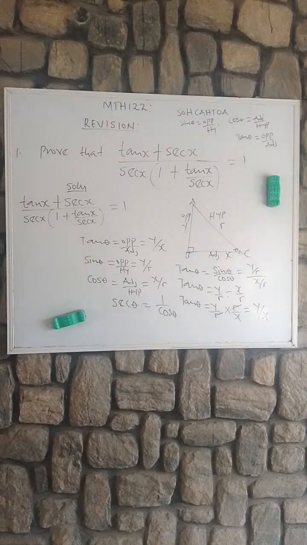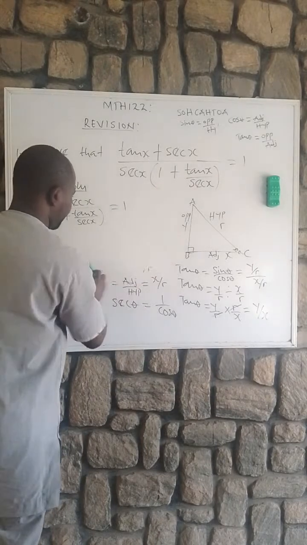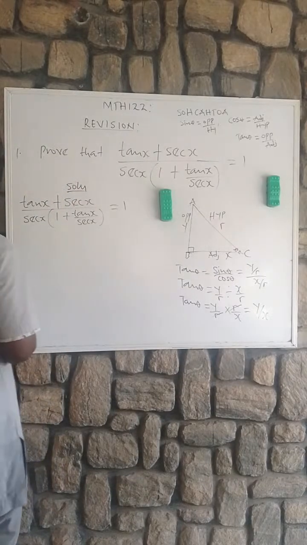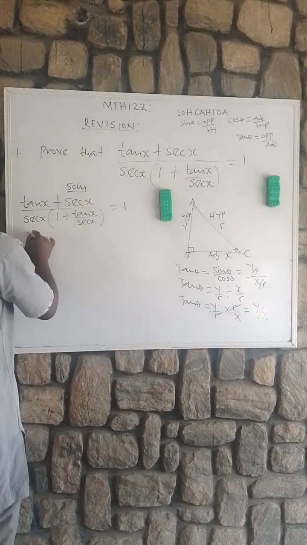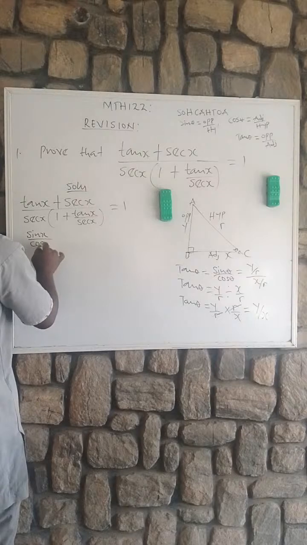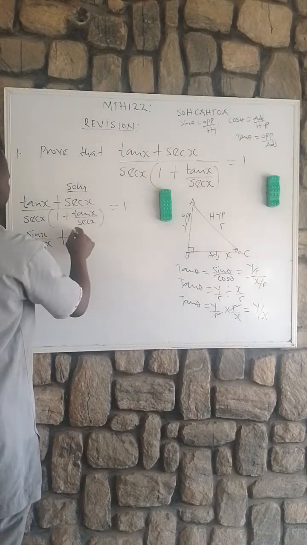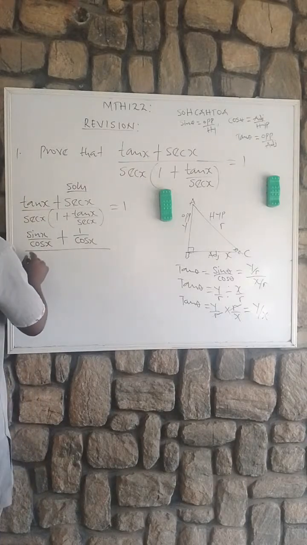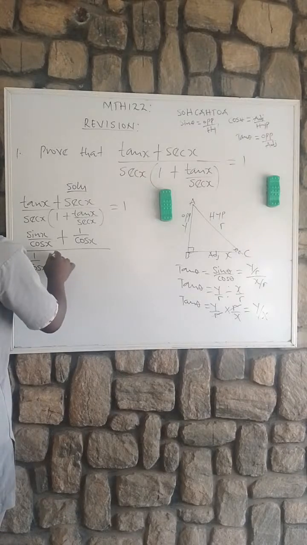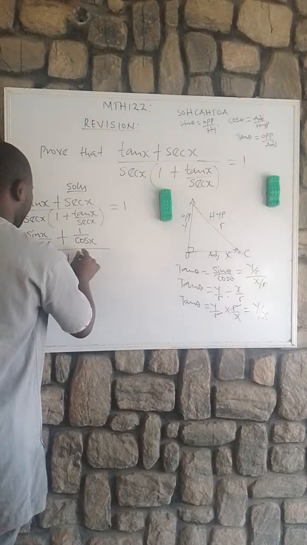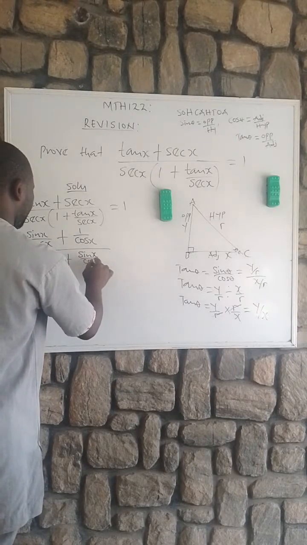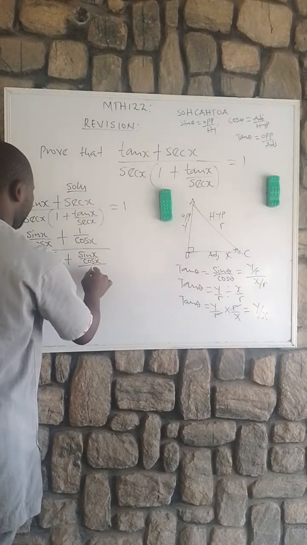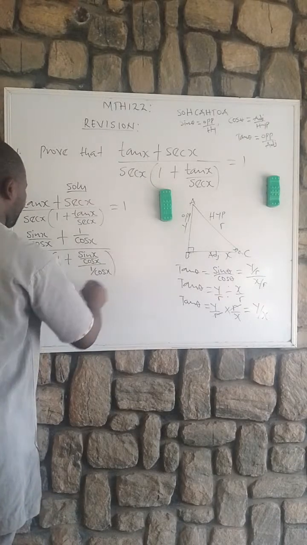So let's proceed further. If you can see what I am saying here, this implies that tan x is sin x all over cos x, then plus sec x is 1 all over cos x, then all over sec x is 1 all over cos x, open bracket 1 plus tan x is sin x all over cos x, then divide 1 all over cos x, close the bracket equals to 1.